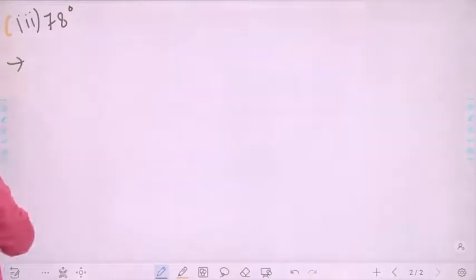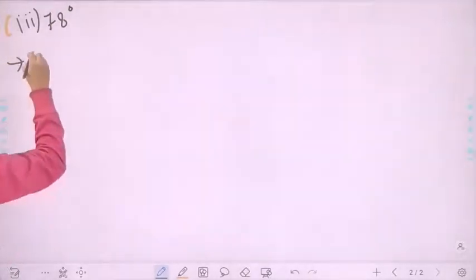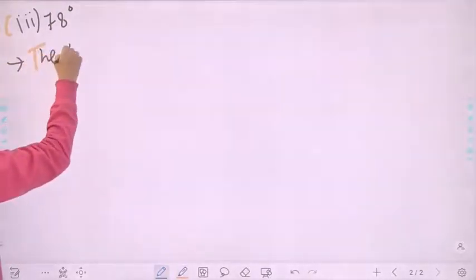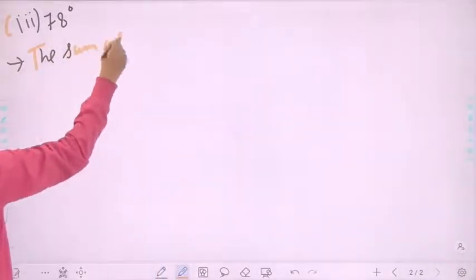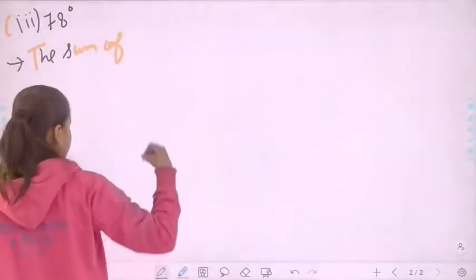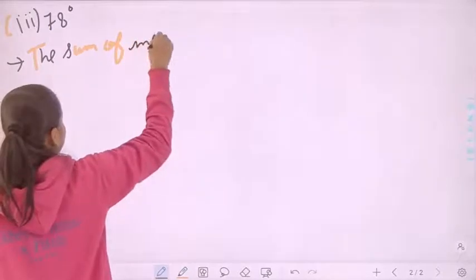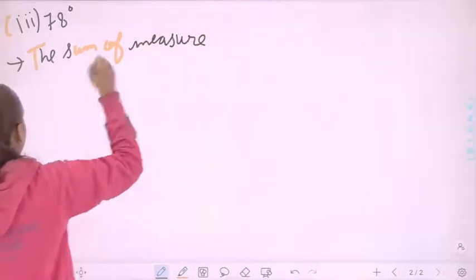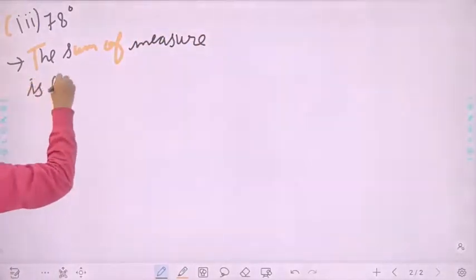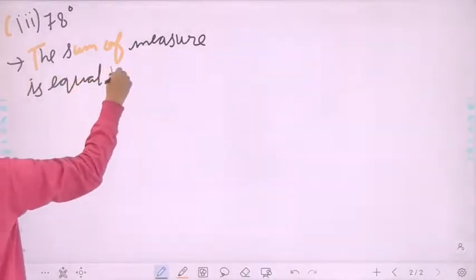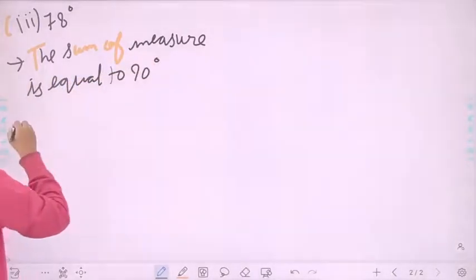Degree. It will be again the sum of measure is equal to 90 degree.